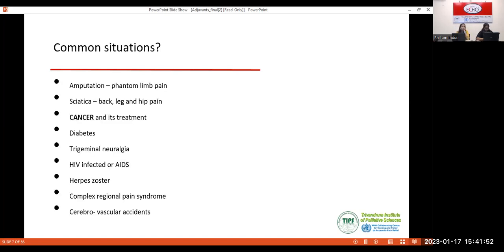Have you heard about phantom limb pain? When someone has severe pain before amputation, they undergo amputation. After the amputation, the leg is not there anymore. The limb is removed, but they will feel the pain in the removed limb. And people call them mad. It's not that uncommon.